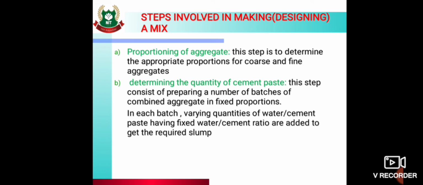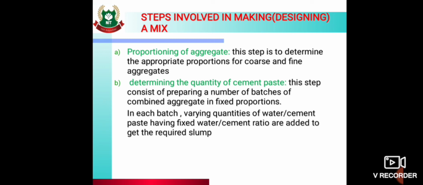Then determining the quantity of cement paste. This step consists of preparing a number of batches of combined aggregates in fixed proportion. In every batch, varying quantities of water cement paste having a fixed water cement ratio are added to get the required slump. So why do we want cement paste?